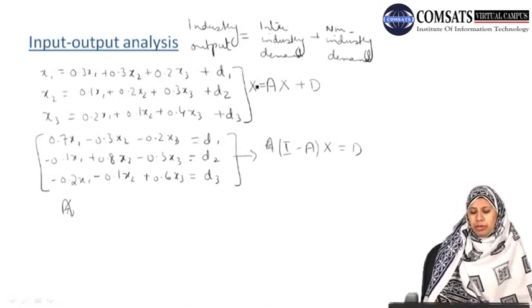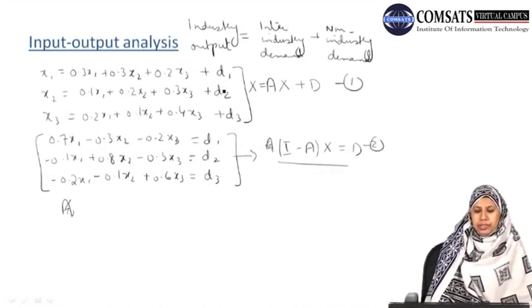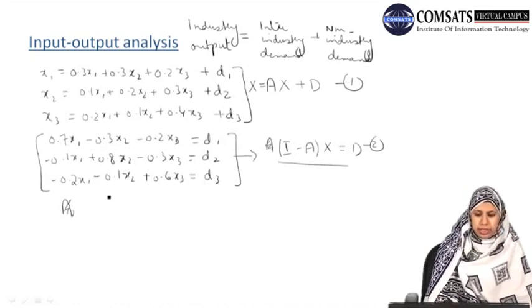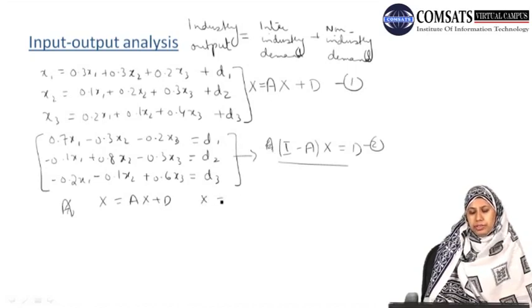Okay, how have we obtained this matrix? We start with the first one. The first matrix is clear, representing our system of equations. Our equation 1 is X equals AX plus D, and we have to find the values of X, as usual the values of unknowns.